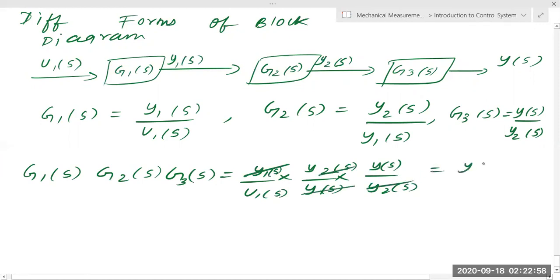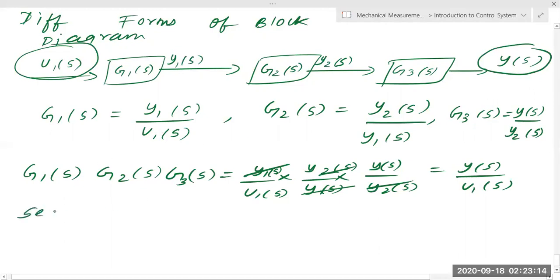What will remain is Y of S upon U1 of S. That means if there are three blocks, all the blocks in series, this is called a series form or cascade form.